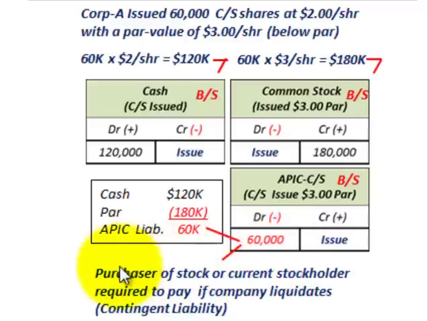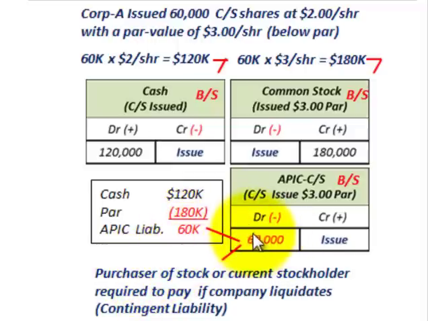So that would eliminate the possibility of the purchaser of the stock or the current stockholder being required to pay any contingent liabilities if the company gets in trouble and they have to liquidate. So that's what we're talking about with contingent liabilities. When you're issuing common stock, you want to look for a low par value to make sure that these contingent liabilities don't exist when you're issuing that stock.